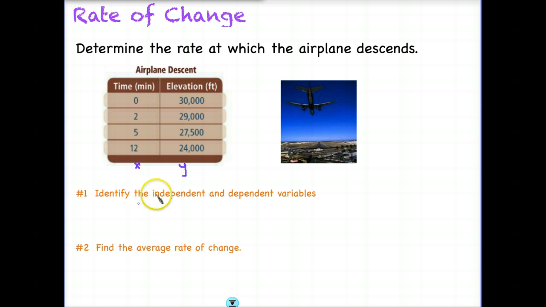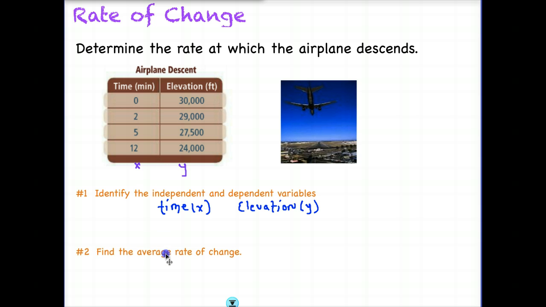So our independent variable is time, and our dependent variable is elevation. And this will be important when we finish our problem and we include our units. Okay, so elevation represents our y, and time represents the x.